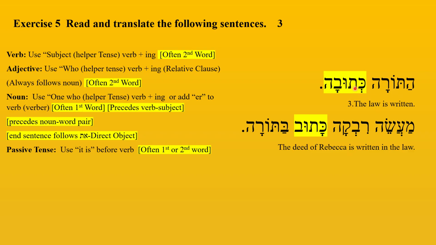And you're going to make this more passive. So the Torah is written. You wouldn't say "is writing," because again, this is not an active participle. So the Torah isn't doing the writing. The writing is being done to the Torah. So that makes it passive.